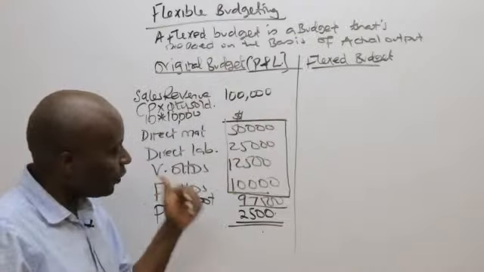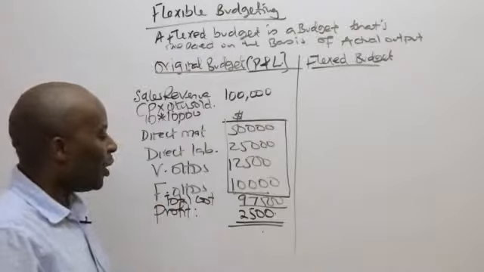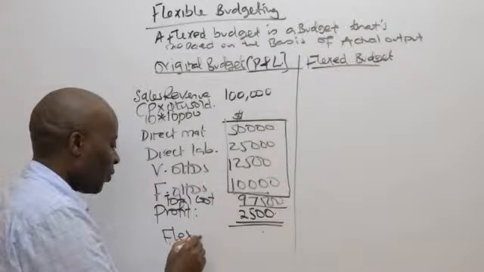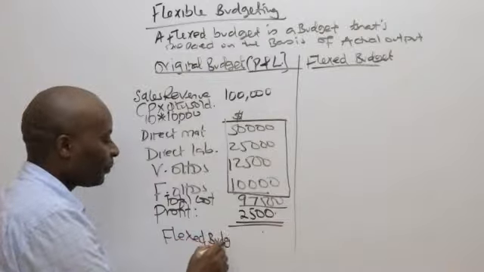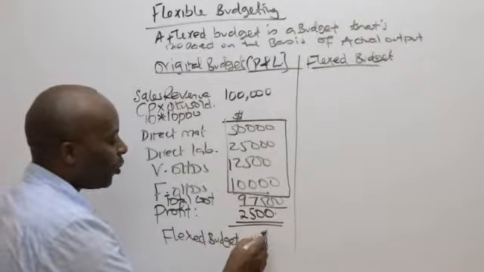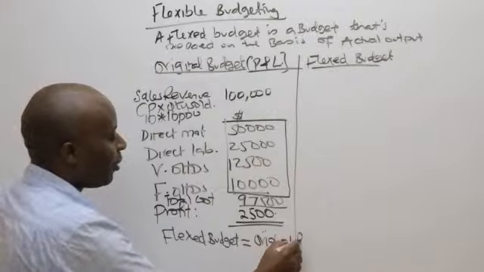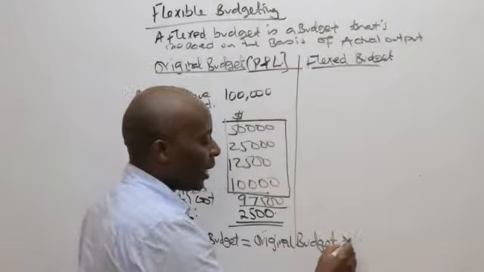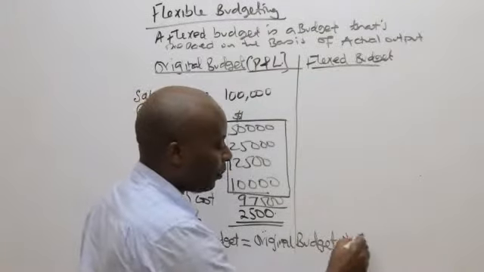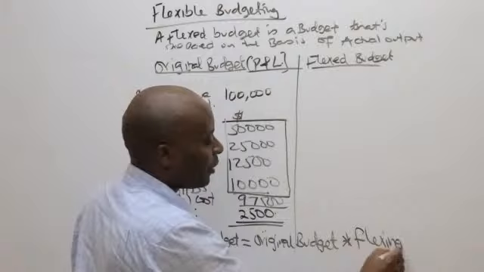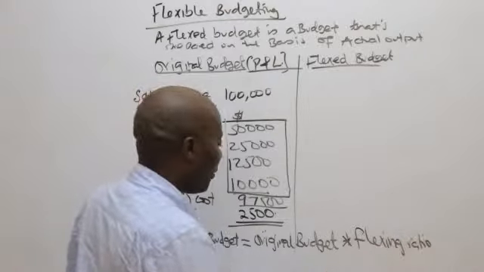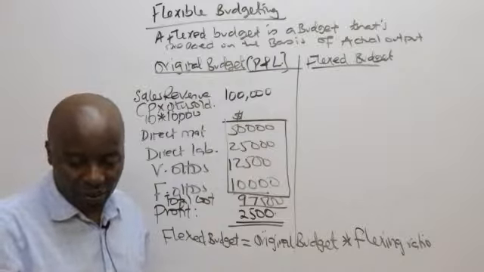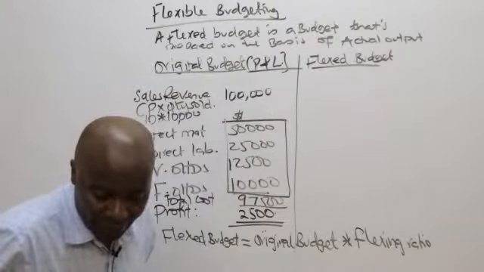So in short, for us to get a flexed budget, we normally take the original budget multiplied by the flexing ratio.